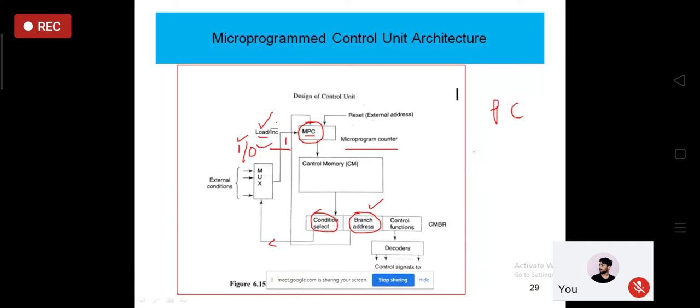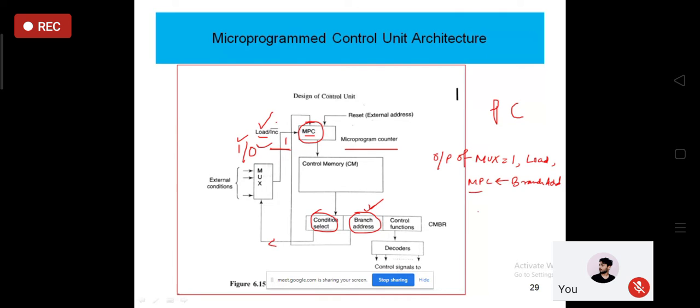So if you have this output of the mux equal to 1, then which operation? Load operation is going to happen. And loading means what? You can see the branch address is going to be loaded to MPC.